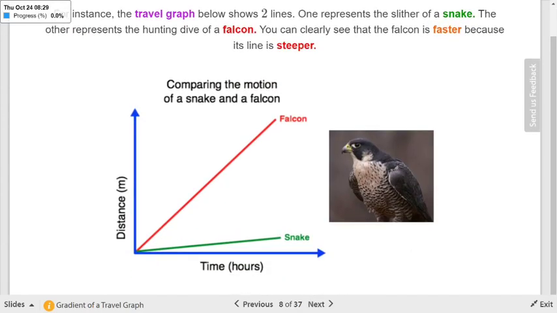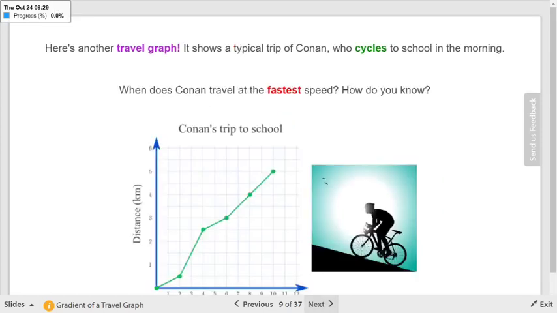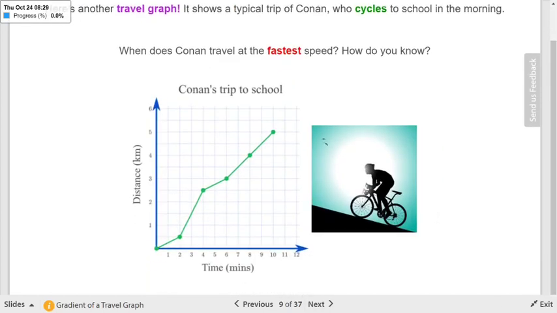So here, does the falcon or snake move fastest? The falcon. You can tell the red line is much steeper, right? So it's easy to compare the two. You're going to be comparing some of them. Looking at this graph, during what times was he traveling the fastest? From 2 to 4.